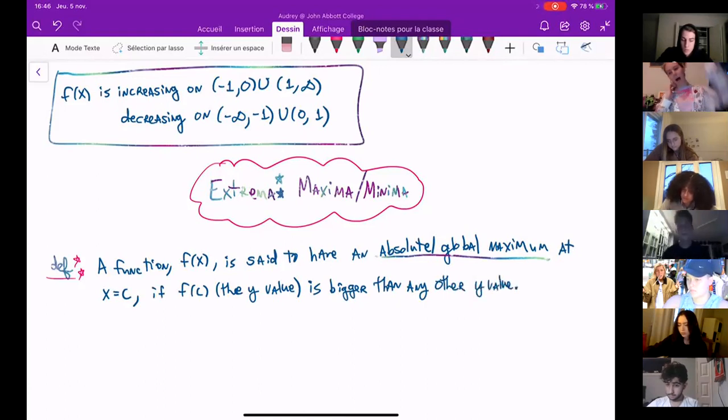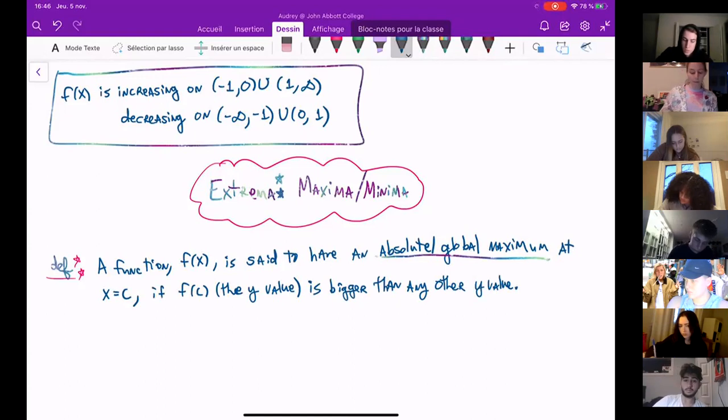So in other words, it's higher than anywhere else. And if it's lower than anywhere else, it's called an absolute or global minimum.